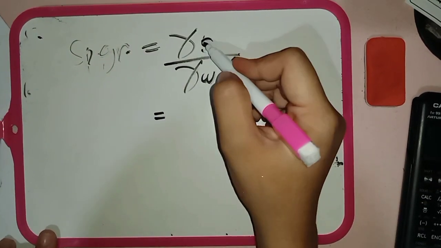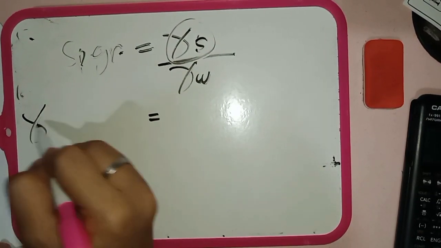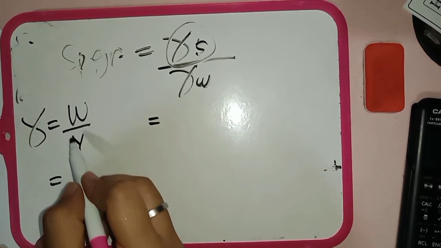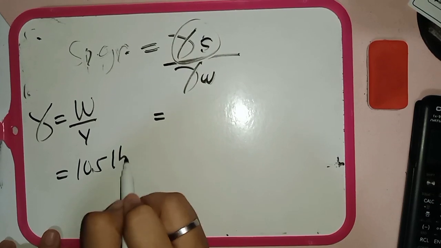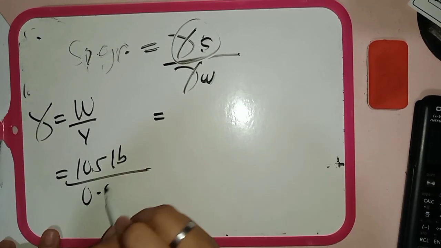To get the unit weight of the stone, we have the formula unit weight equals weight over volume. Our weight of the stone is 105 pounds, and our volume displaced is 0.60.